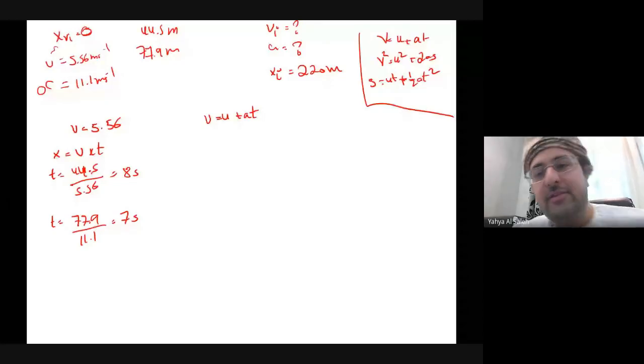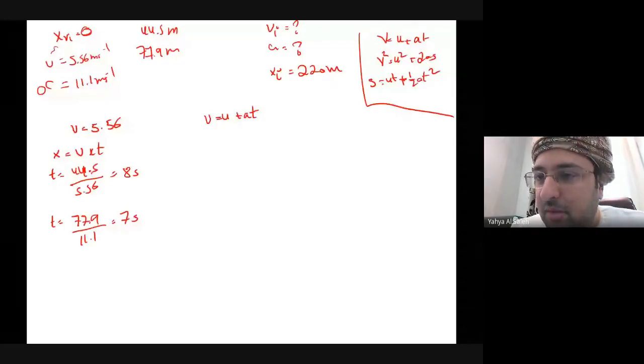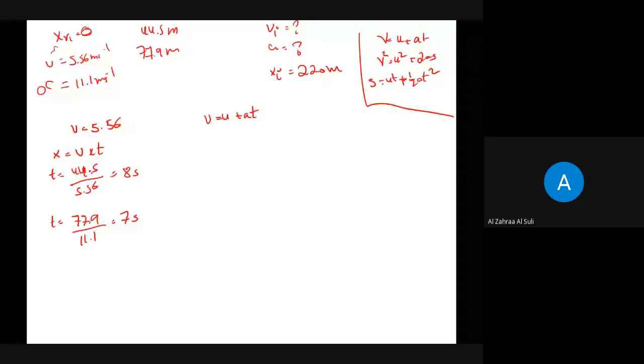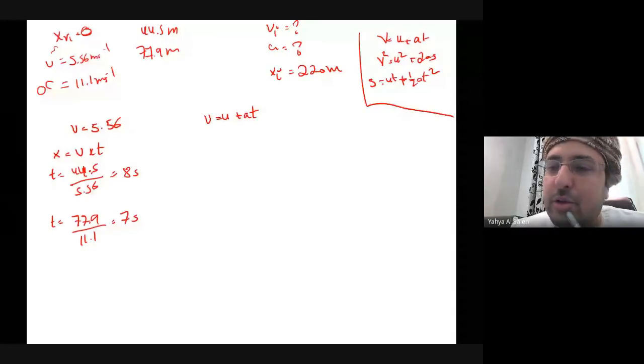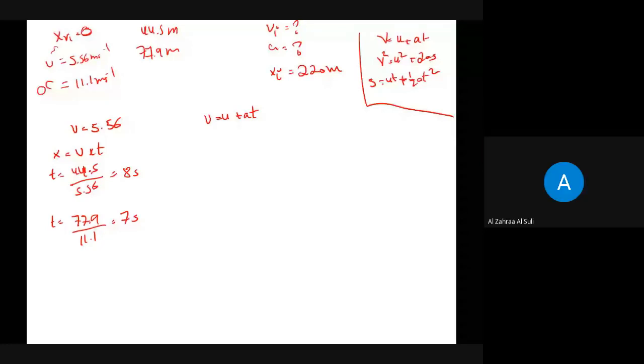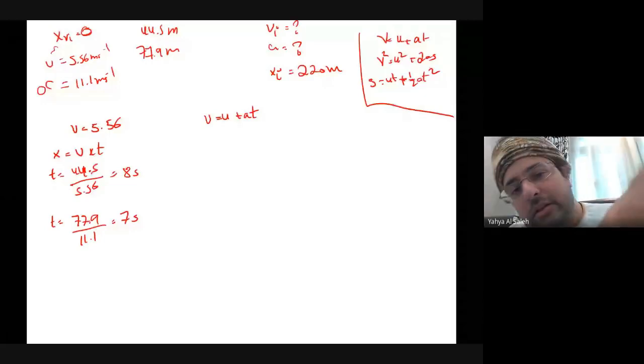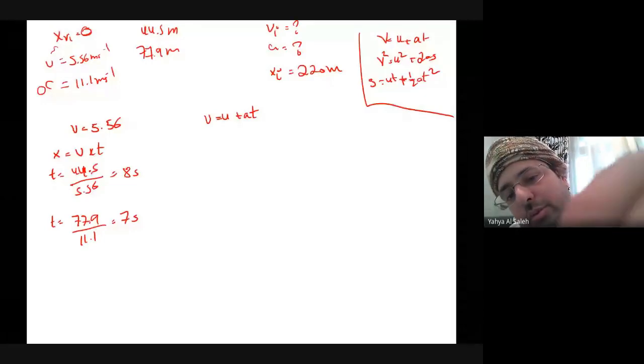Now I have two sets of equations here. Can I use V equals U plus AT? I don't know V, I don't know U, I don't know A. No, I can't use it. Which one can I use? The last one? I can use the last one, right? S equals ut plus half at squared.